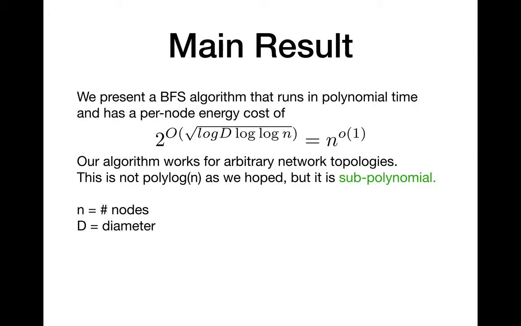Well, our main result is that we have a breadth-first search algorithm. It runs in polynomial time and achieves a per node energy cost which is this funny function here. D is the diameter of the graph, n is the number of nodes. We have 2 to the square root of log d log n, which is subpolynomial.